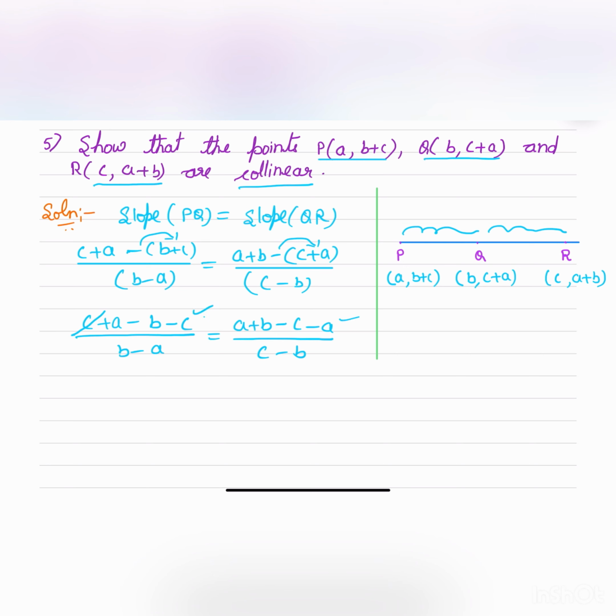Now, plus c and minus c we can cancel. (a - b)/(b - a) is equal to plus a minus a can be cancelled, (b - c)/(c - b).